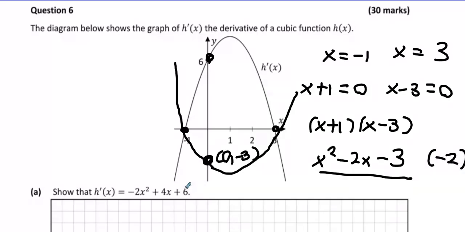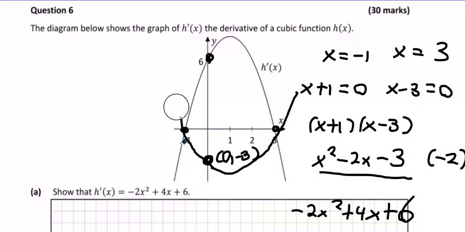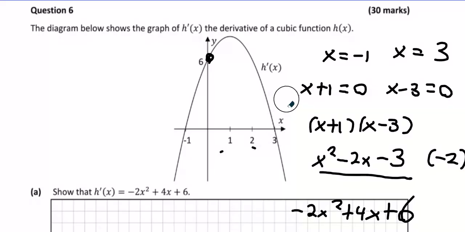So multiply by minus 2, and you get minus 2x squared plus 4x plus 6. Show that. So you're using the answer to prove the question. But avoid that.